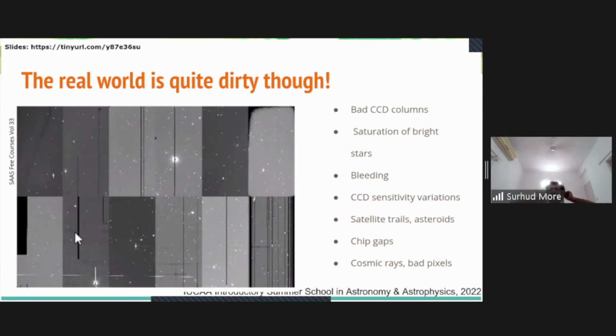But before you get to these kind of good results, you have to realize that the real world is quite dirty, right? So when you take an image on your iPhone or your Android phones, right, you get quite clear images. The reason why you get clear images is because the photos that you are taking are typically in sunlight, right?